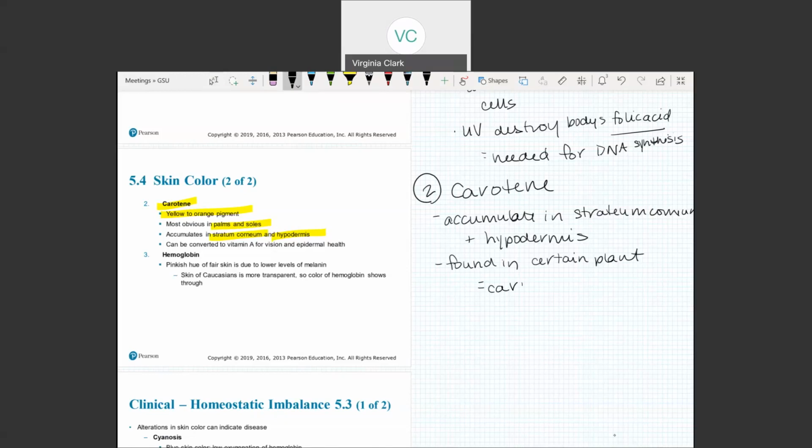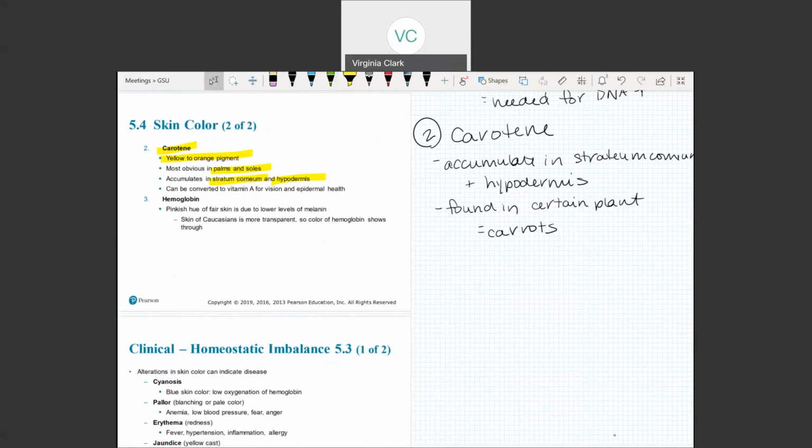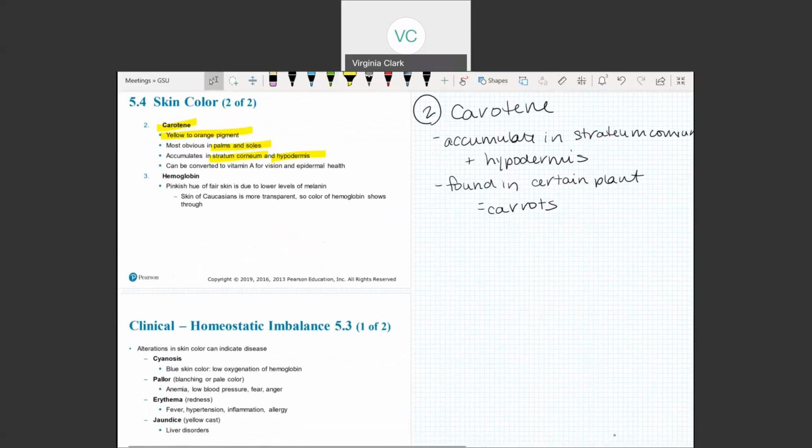So when they say to eat carrots because it's good for your eyes or good for your skin, it's actually very true, because this pigment is found in plant products and it is converted to vitamin A. Vitamin A is important for vision and eye health. So if you eat carrots, it does help your eyes.